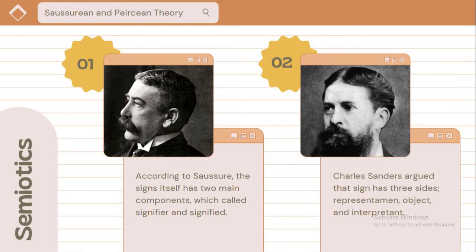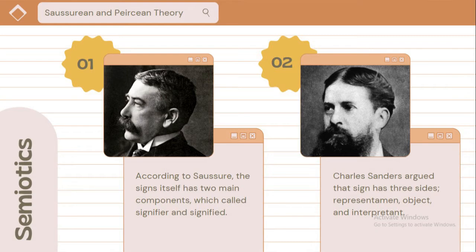The terms of semiotics were initiated by two experts, namely Ferdinand de Saussure, who used the term semiology, and Charles Sanders Peirce, who used the term semiotics. According to Saussure, the science itself has two main components, which are called signifier and signified.